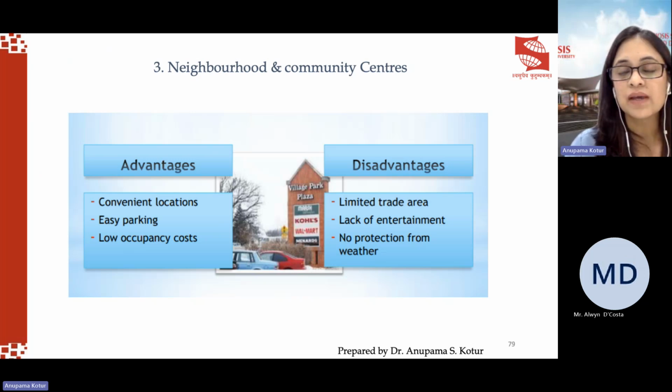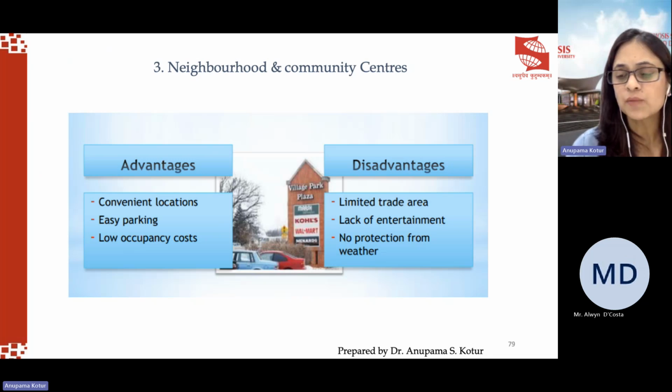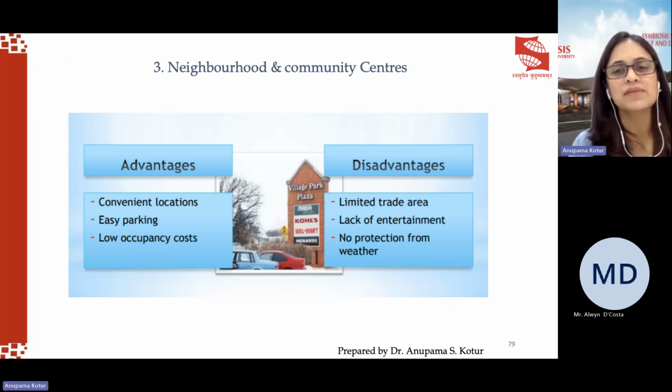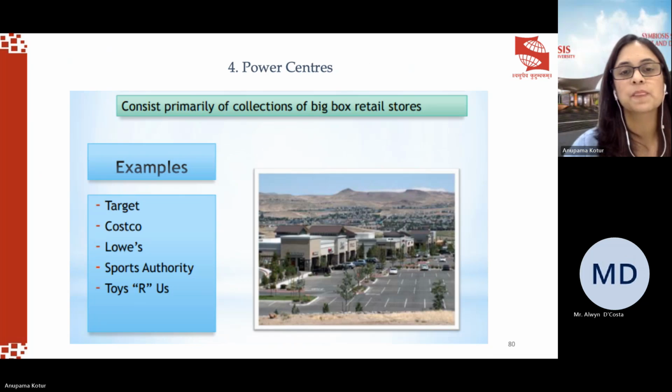And there would also be help desks of the government, the municipal corporation, where people could go and voice their concerns, etc. So these are community centers, and again, very geography specific, something that you would not find in every place.